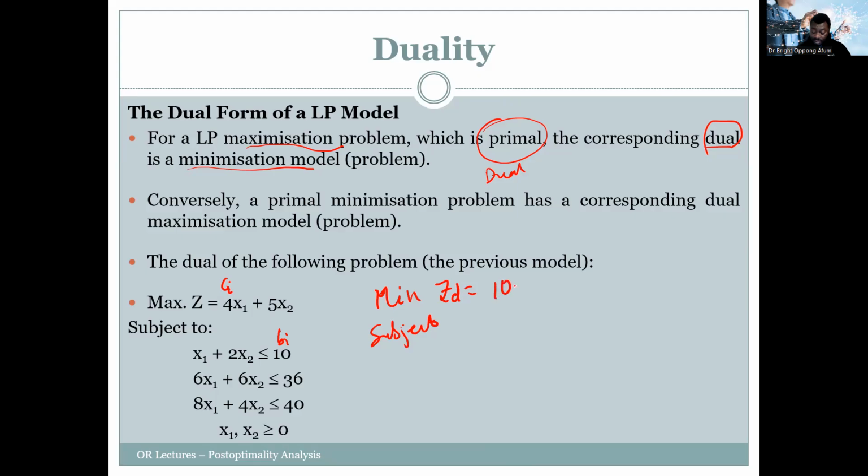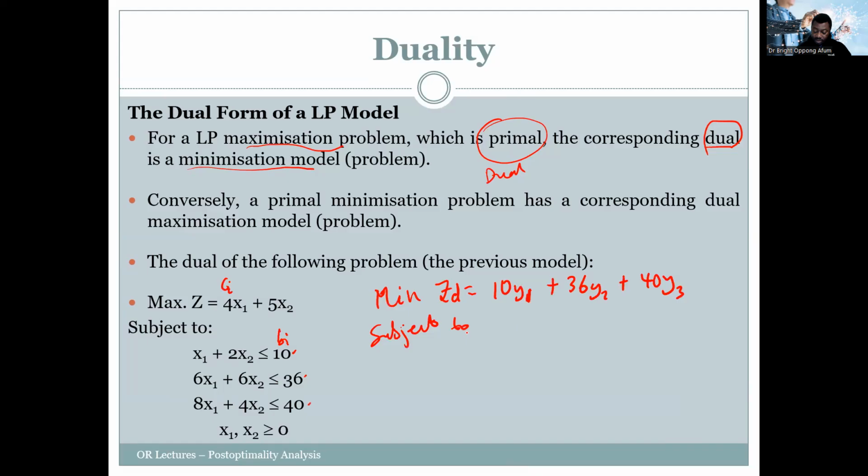So we'll have 10y1 plus 36y2 plus 40y3. That is the objective function. So we use the 10, 36, and the 40, right?